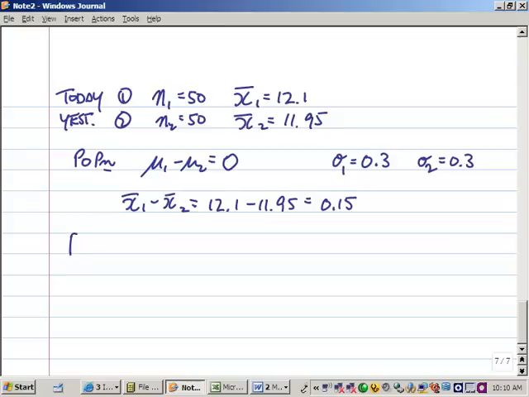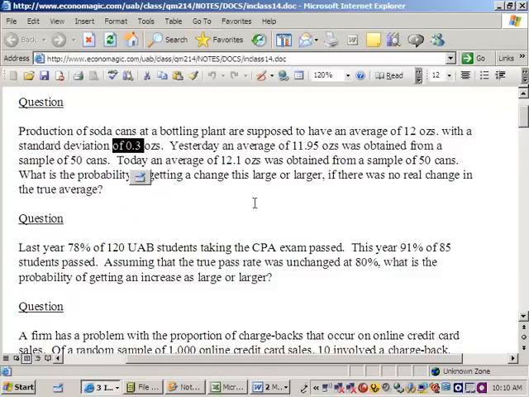So the question is, what is the probability of getting a change? Yes, it does say that. A change. Notice that what this does not say is what is the probability of getting an increase this large or larger, or what is the probability of getting a decrease this large or larger. This has been an increase, but the question says change.